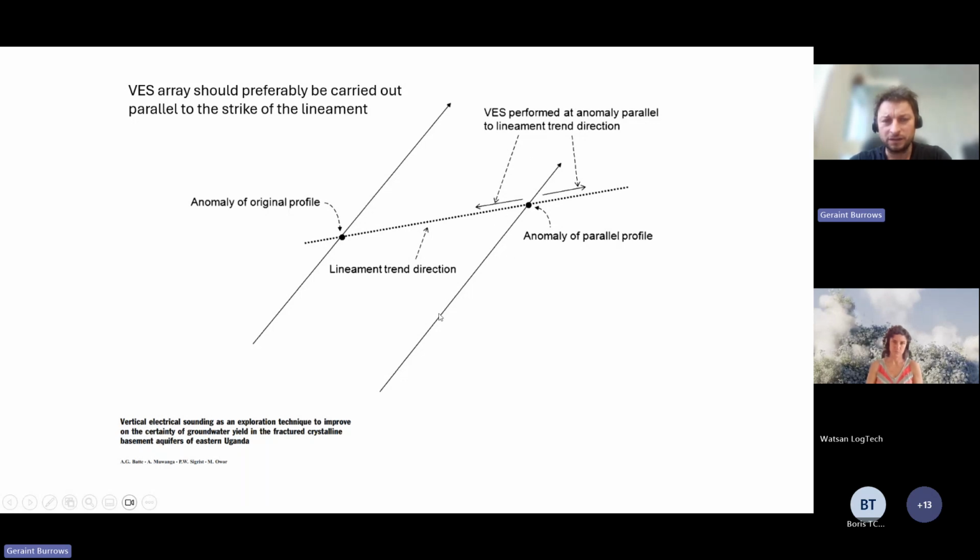Does that make sense? So you do a constant separation traverse, try to pick up a fracture system, and then run your vertical electrical sounding parallel to what you think is the direction of that structure.